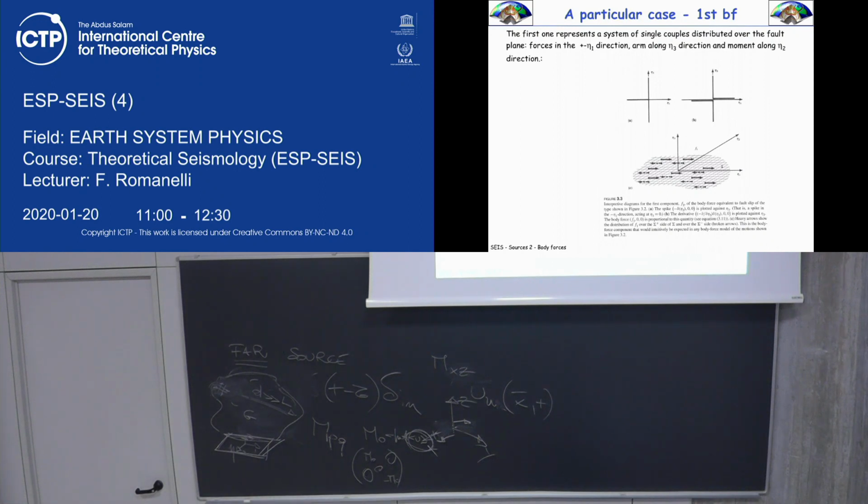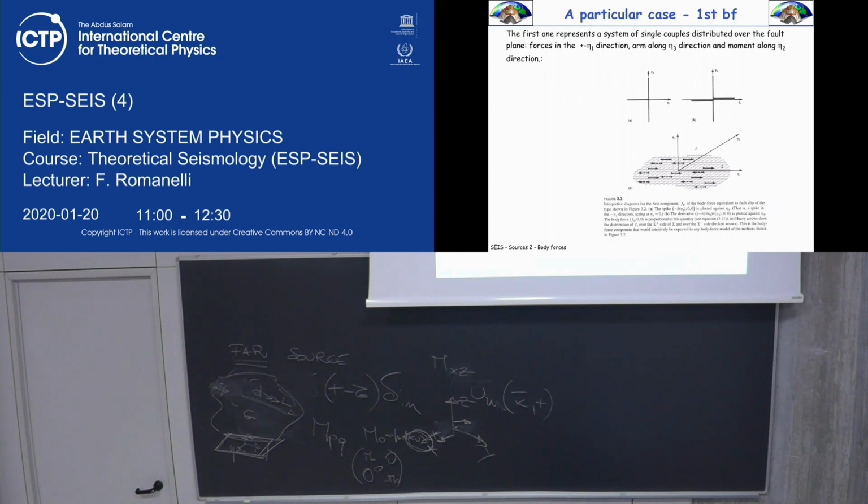All of them are pointing along 1, and the arm is along z. So you have to imagine that the arm is across the fold. Okay? What is their strength? Well, it depends on mu and on the amount of slip. So they will be larger where the slip is larger. Okay?